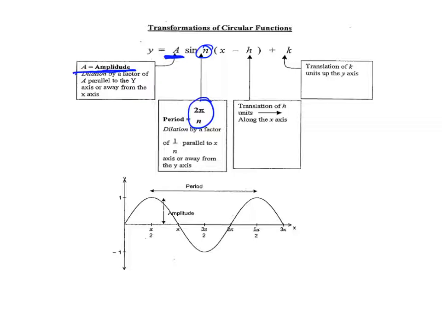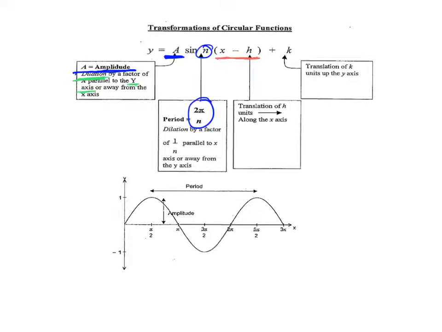Other bits of information here talk about the translation. Where A and n are concerned, we're talking about dilations. A was the dilation by a factor parallel to the y-axis, and n gave us a dilation by a factor of 1 on n parallel to the x-axis. The translation here is on the x-axis for the first one, which is inside the bracket.